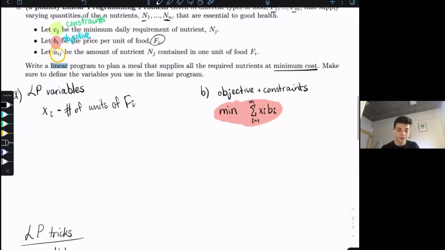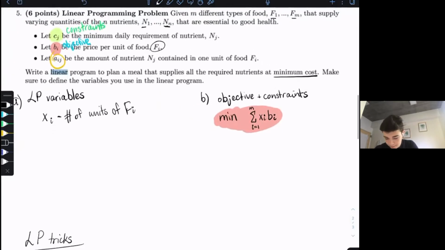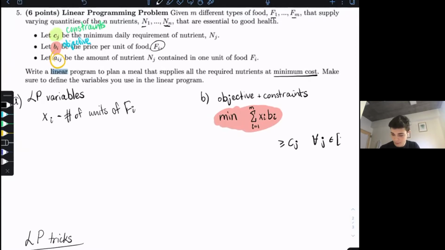Since the constraints involve the minimum daily amount of nutrients, we're going to need to meet at least Cj amount of nutrients for all j, for all j from 1 to n, which is a little shorthand notation. And what is going to be the amount of each nutrient that we get?